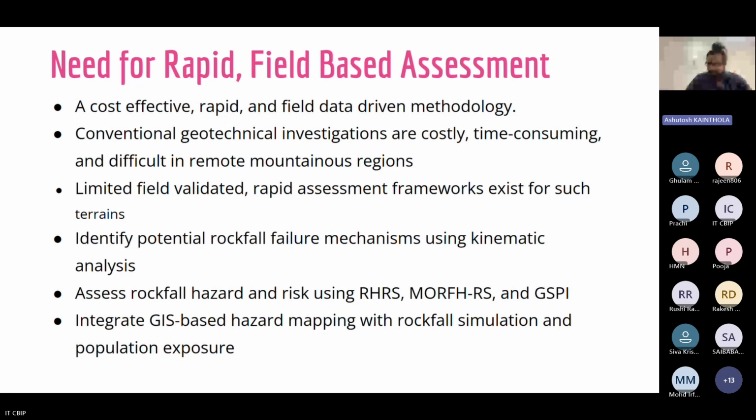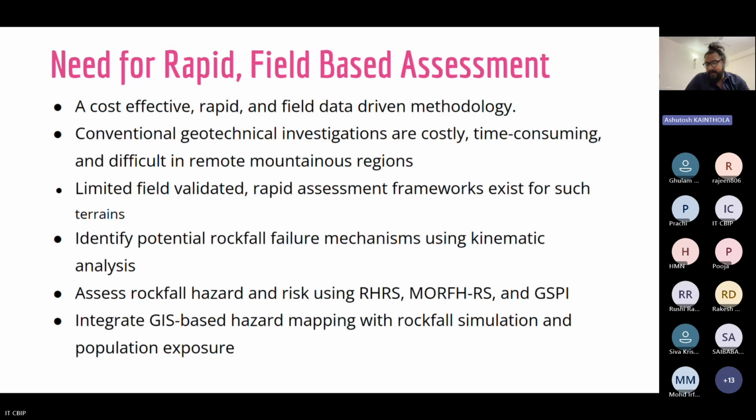So we have field observations, we have structural discontinuities, we quantified them, then we come up with the hazard in that region. Then we collate the population and the consequences of what if the hazard takes place, let's say in an area A or in an area B.